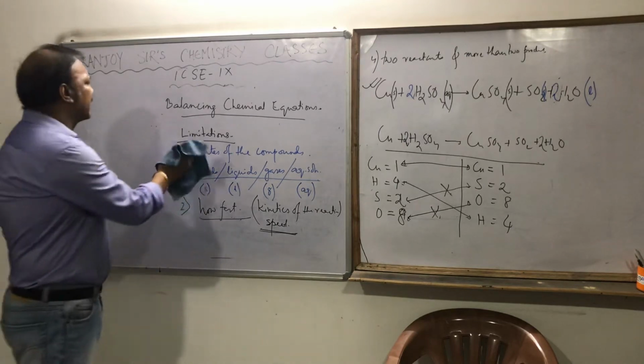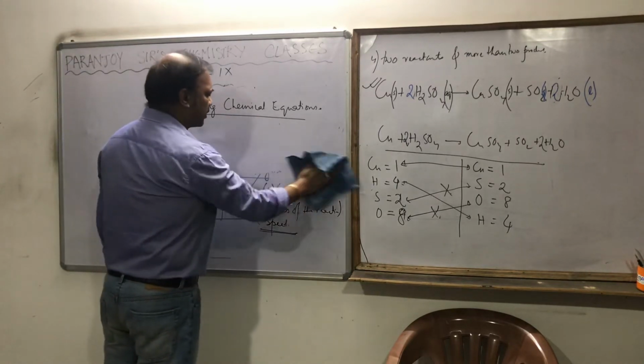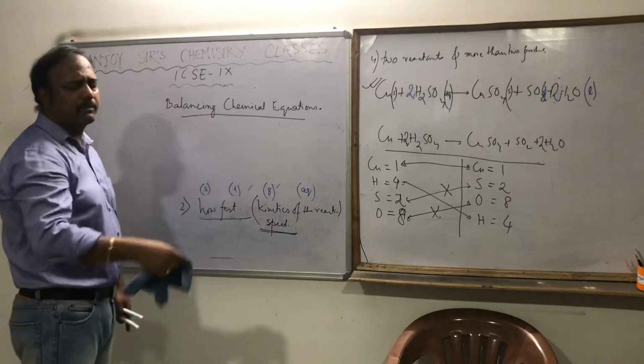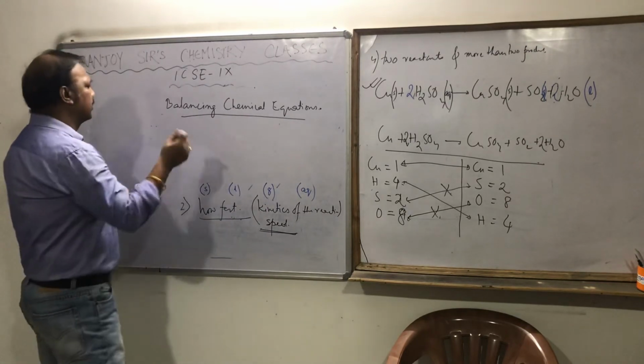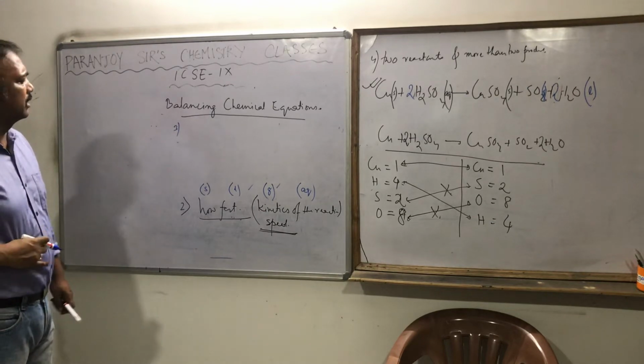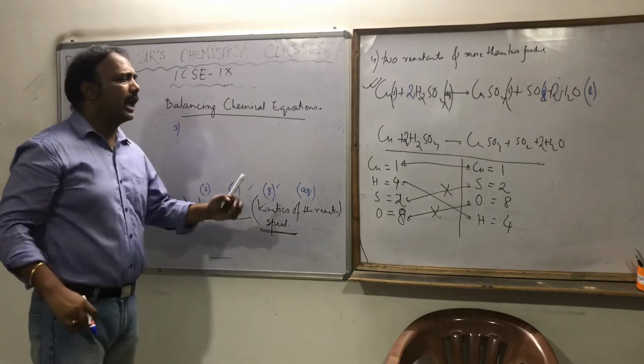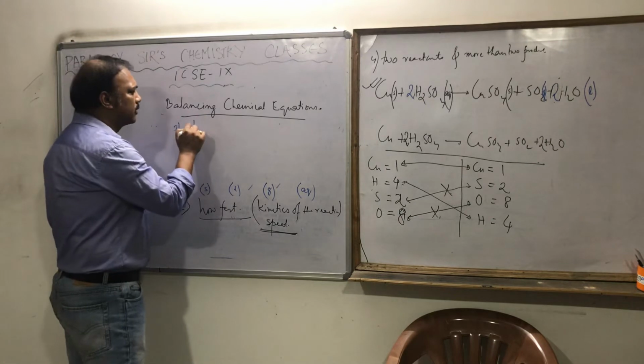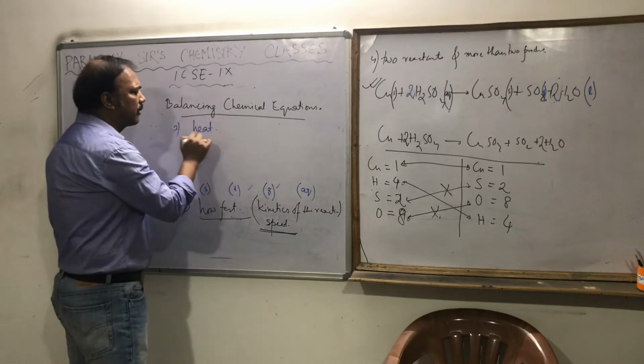Then the third point. These are the limitations, you must understand this. Here we cannot tell about the speed. The third one is that it does not tell anything about the heat.